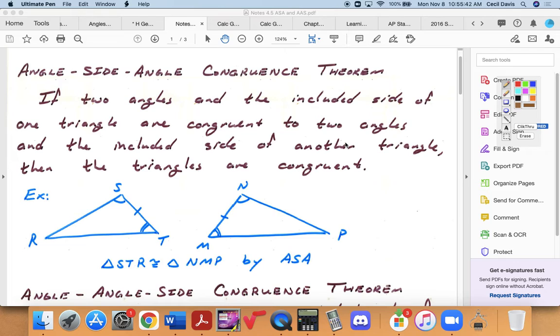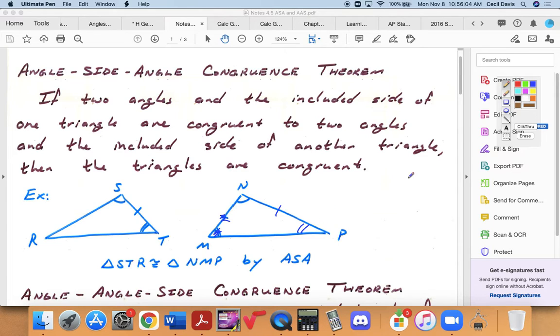Well, if it was like that, the triangles wouldn't look like this. So if I understand you correctly, what you're saying is, what if instead of this and this, it had been this and this? It would still be angle side angle. It's just that your triangles are really badly drawn.